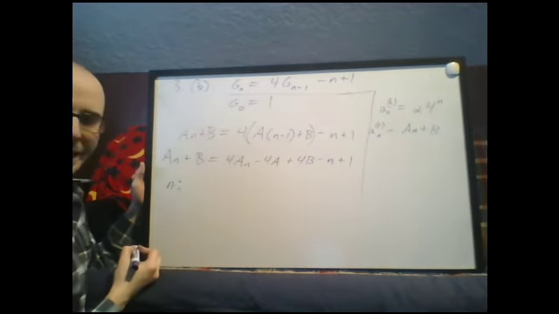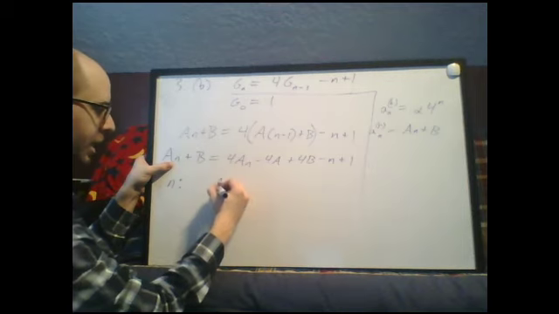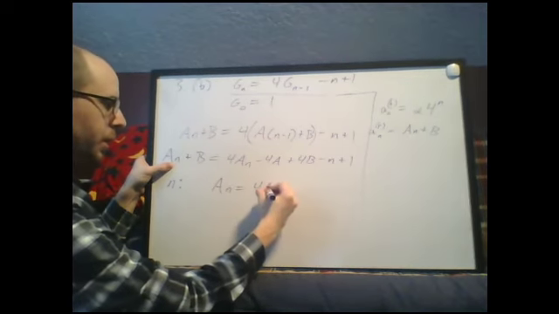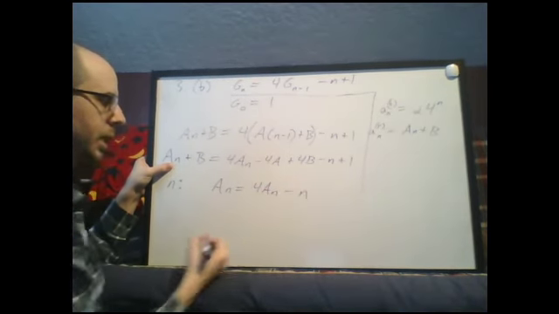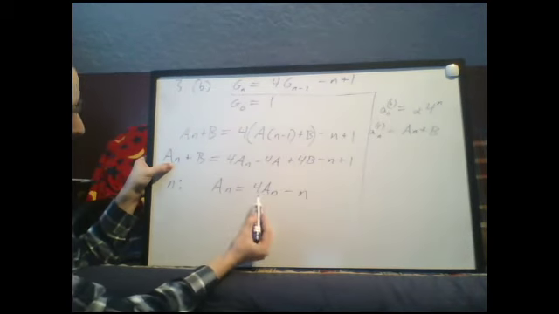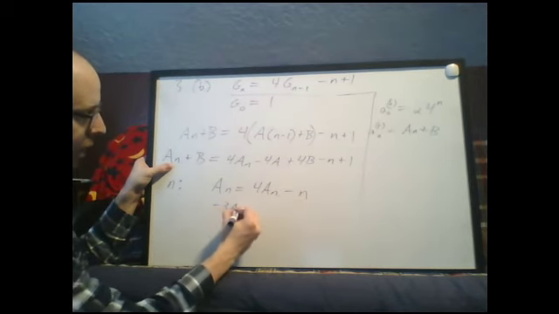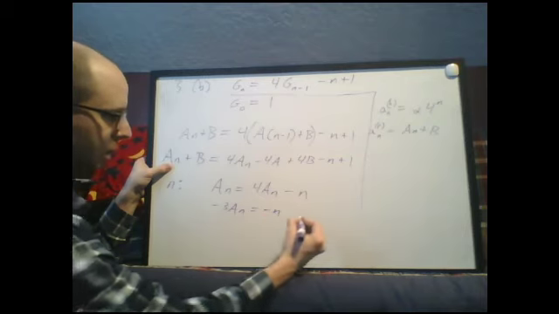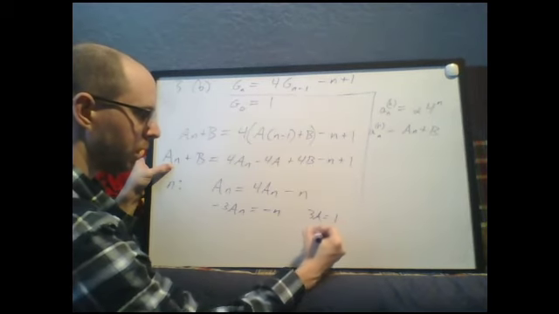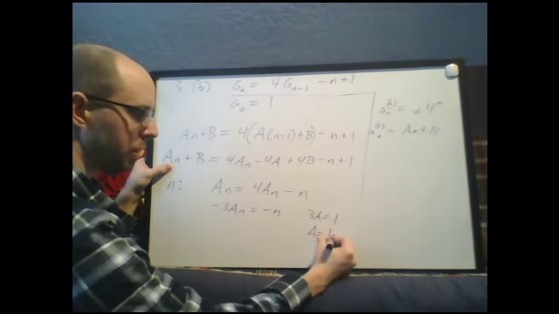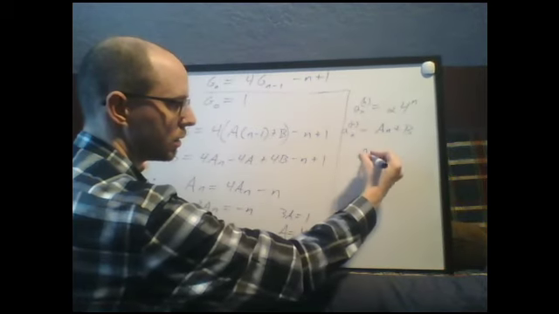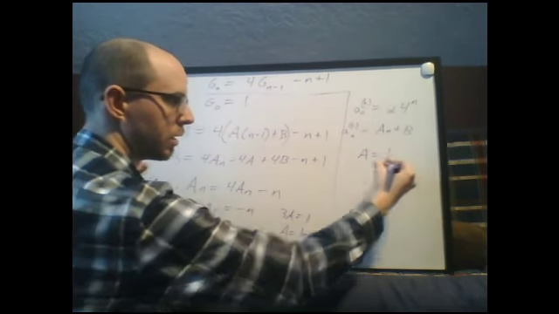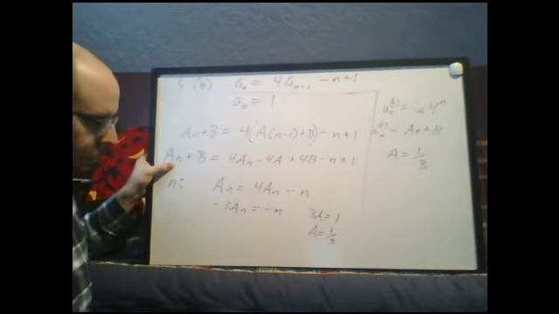So if we look at the n coefficients, I have an equals 4an minus n. So that's going to tell me negative 3an equals negative n. So 3a equals 1, a equals 1/3. Let me tuck that off to the side here. A equals 1/3.